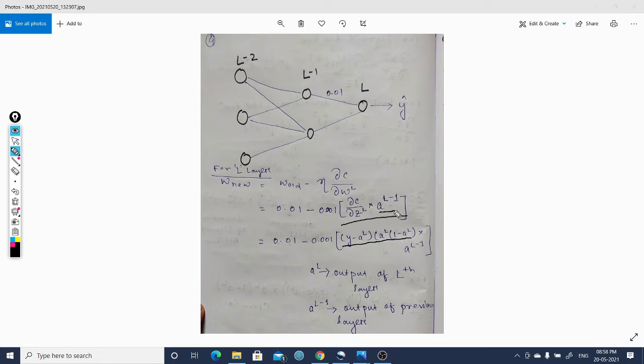And this is the L minus 1, the previous layer input. So how is it going to calculate this particular weight? Let's see. 0.01 minus this one, and this is the derivative of the loss function. If we are calculating the loss by MSE, MSE is basically the loss function, as you guys know.